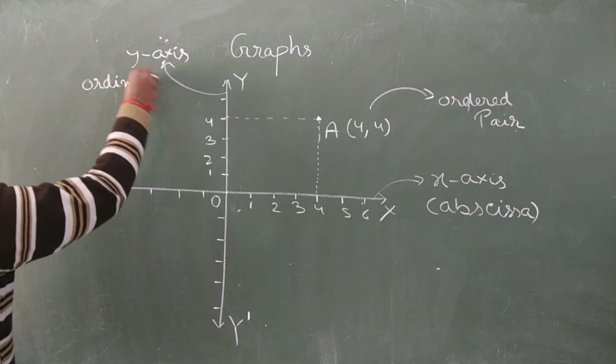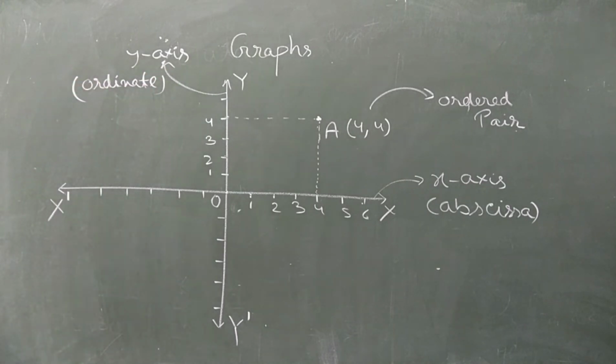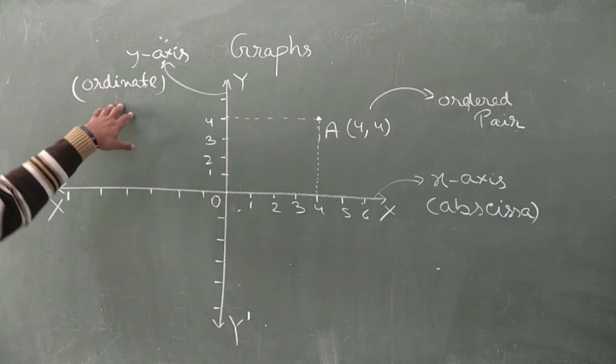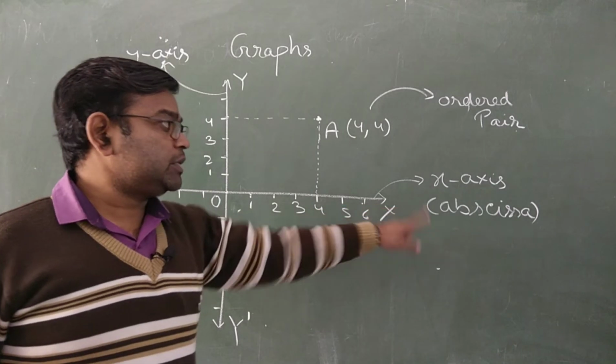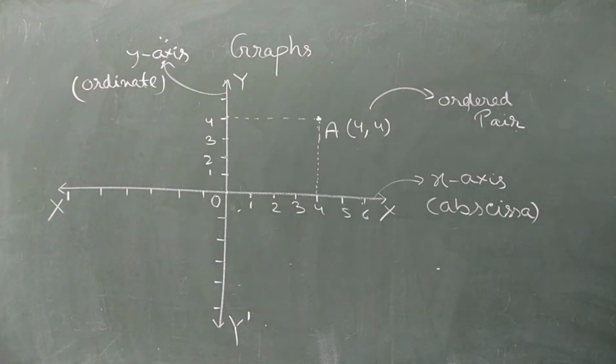Hope this is clear to you people. The name of the x-axis is abscissa and the name of the y-axis is ordinate. These are the concepts.